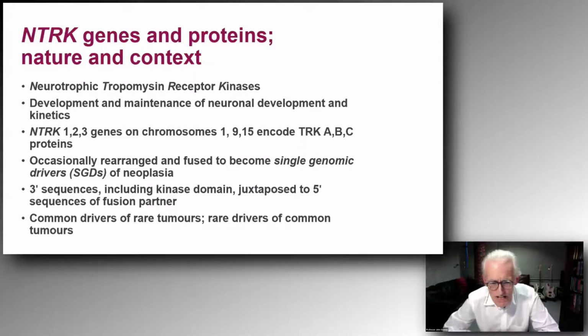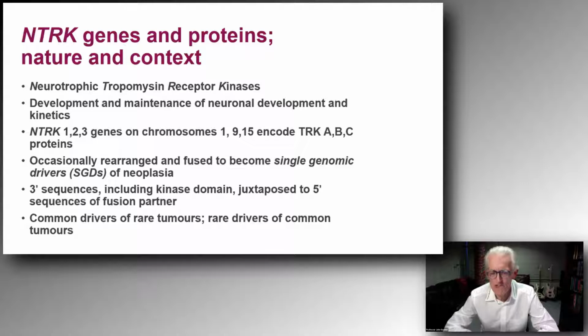And as Carlos already said, it's quite unusual here because we have a group of very rare tumors in which they are very common drivers. And most of these are NTRK3 fusions with ETV6 as their partner. And here we've got things like infantile fibrosarcoma, mesoblastic nephroma, Spitz tumors, and the secretory carcinomas of the breast and the salivary glands.